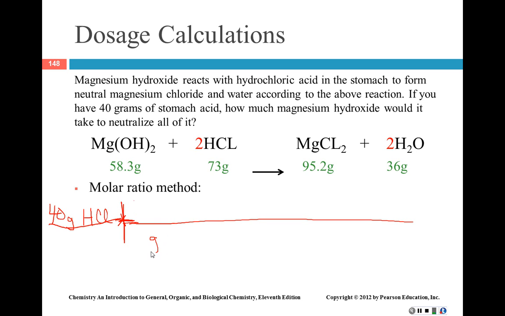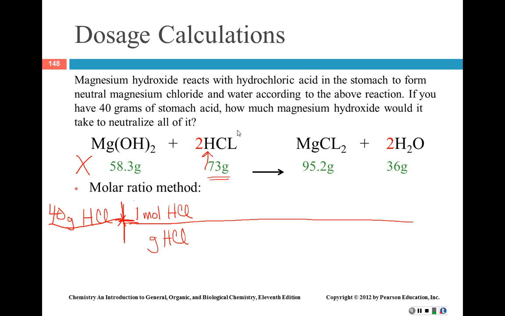How many grams of hydrochloric acid are in 1 mole of hydrochloric acid? Well, this is the total amount of 2 of these. So if I was doing this method, I probably would not have even done this.